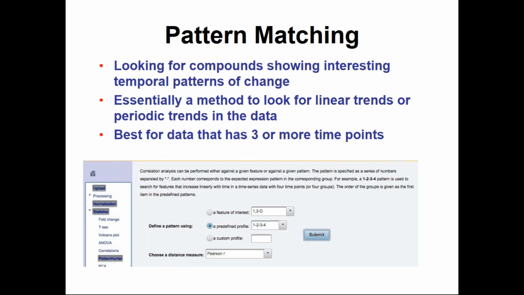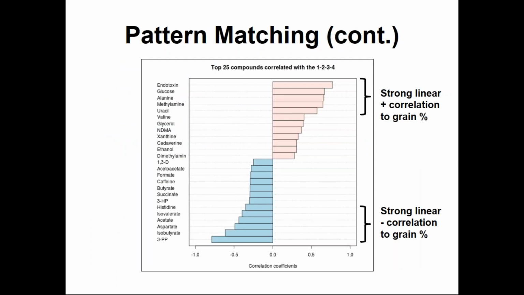And you can see that on the left side where Pattern Hunter has been selected. And we're just looking, as I say, for linear, periodic, or other types of trends. In this case, all it's doing is trying to match the correlation coefficient with the particular trend. And here we have a linear trend that we're asking, where it's going at time points 1, 2, 3, 4, or 0, 15, 30, and 45.